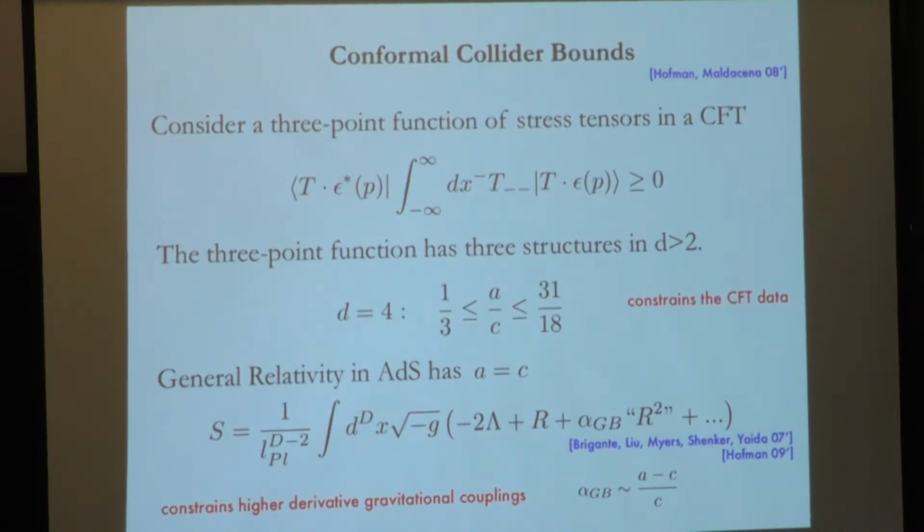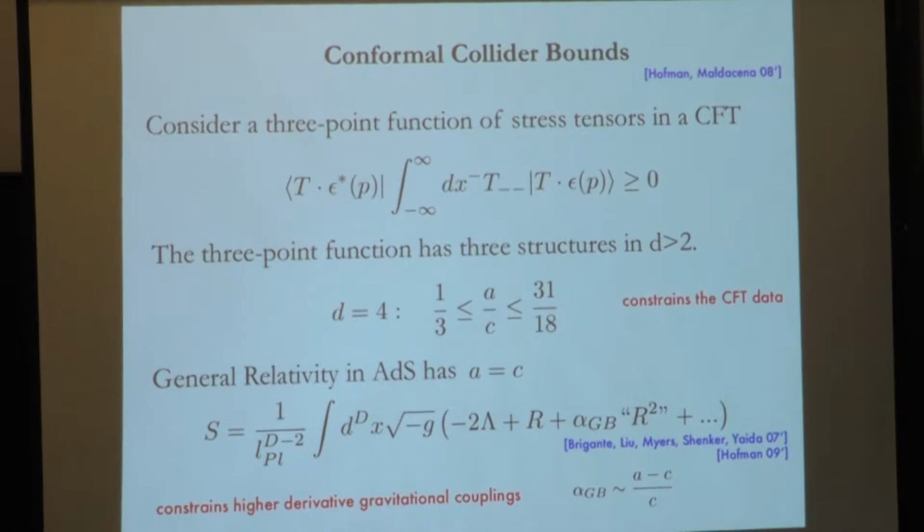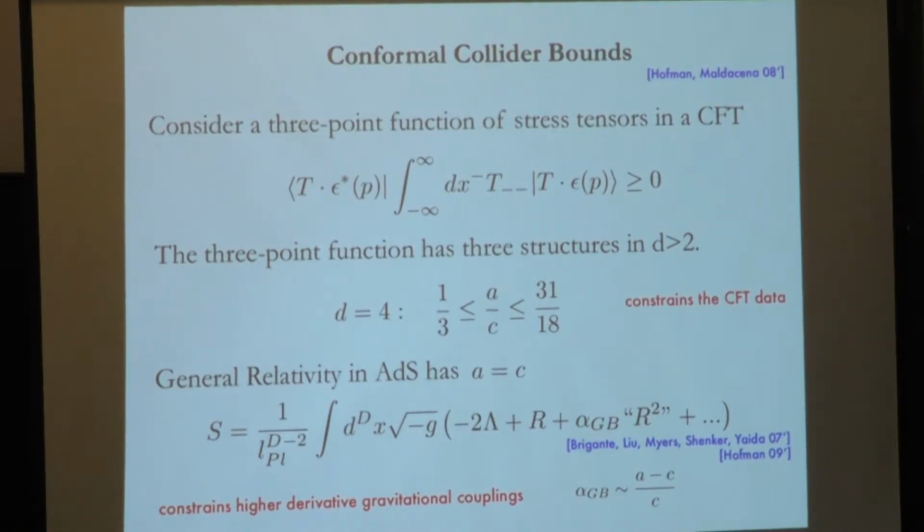So these are conformal anomalies in 4 dimensions. Think of this: let me take a CFT. In a CFT, 3-point functions are fixed up to a set of numbers. This 3-point function of stress tensors contains in it 3 numbers. That's just a statement of the symmetry. A and C are certain combinations of these 3 numbers.